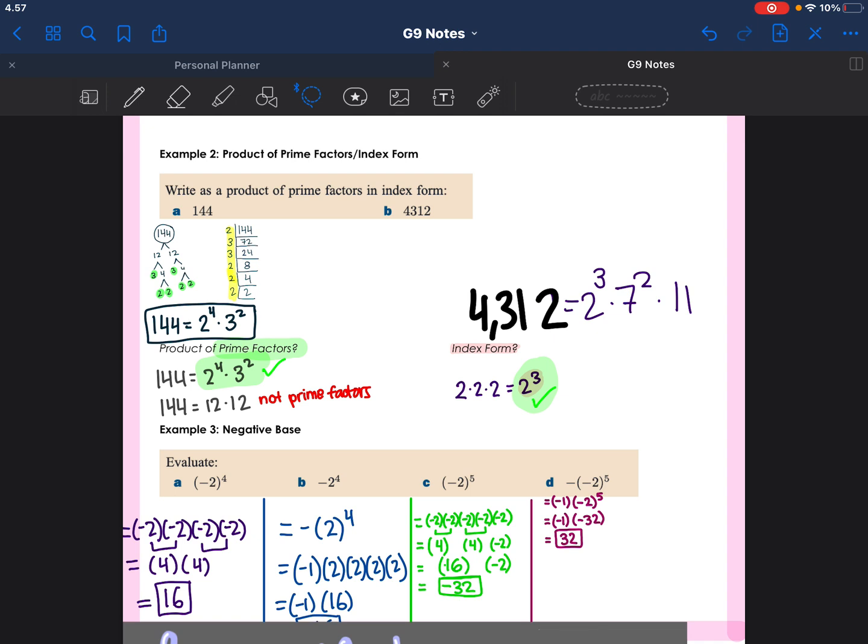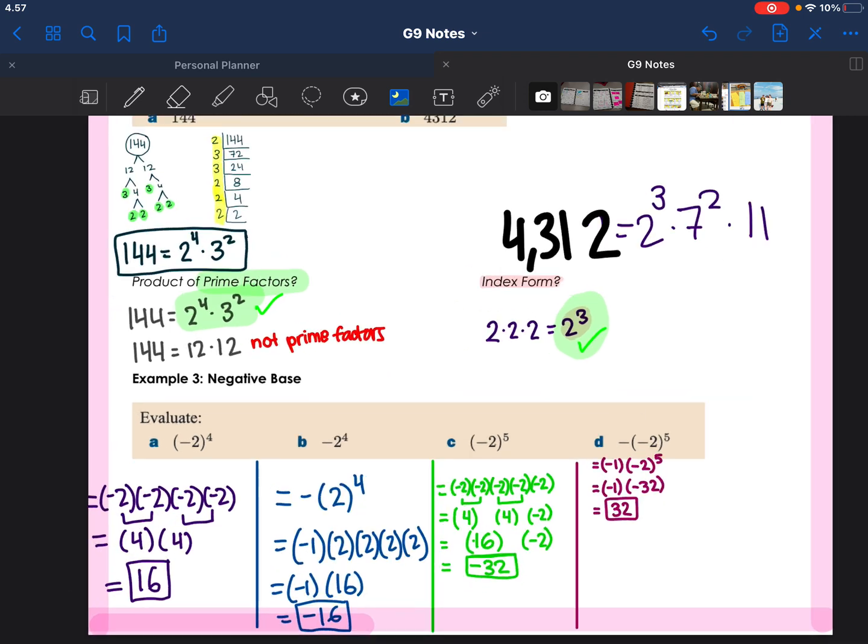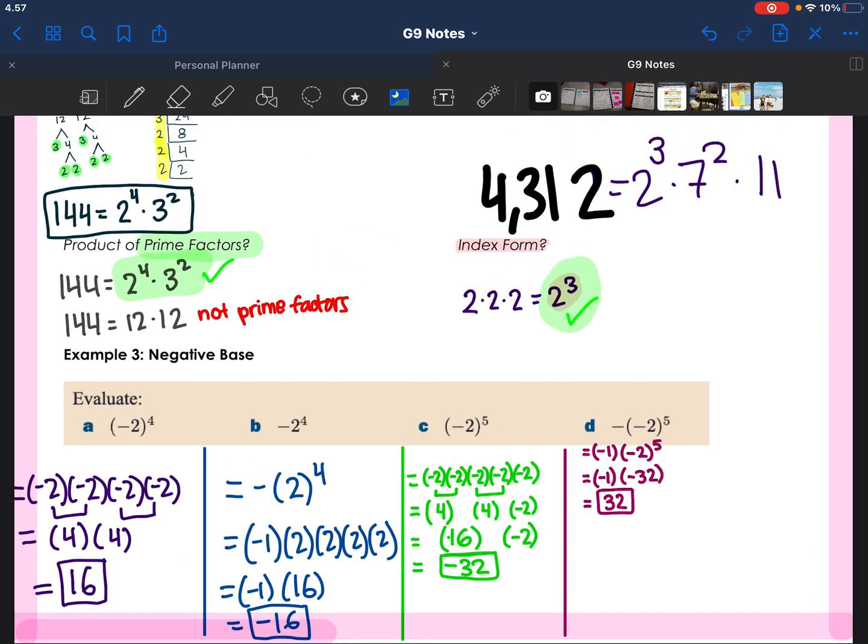Okay, so y'all should get 16 for the first one, negative 16 for the second one, negative 32 on the third one, and positive 32 on the fourth one. So let me explain to you why these are different.